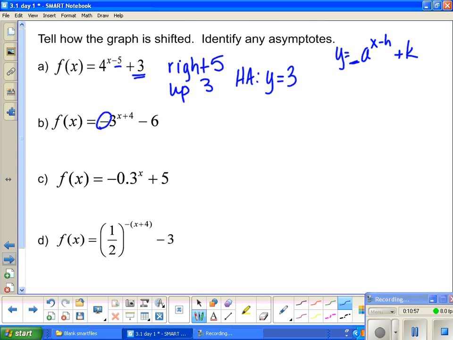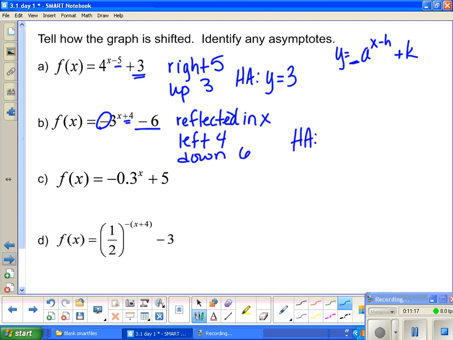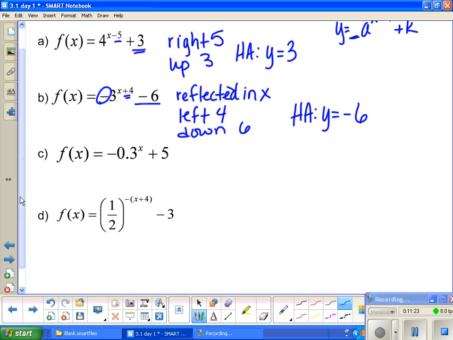This here is going to tell me it's reflected in x. It's going to go left 4 and down 6. My horizontal asymptote, y equal -6. Those are both increasing graphs.